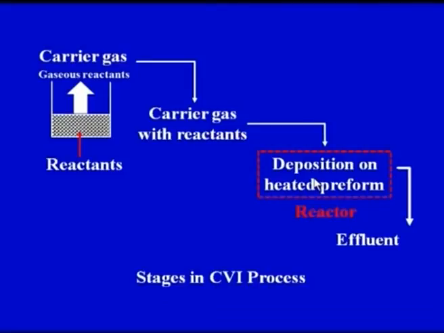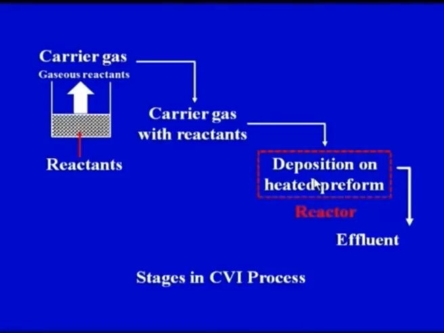So basically what is happening, we have certain solid or liquid reactants, these reactants are undergoing a reaction and they are producing the gaseous reactants, and these gaseous reactants are being carried by the carrier gas, and the carrier gas and the gaseous reactants are passed through a reactor. In this reactor we have already kept our reinforcement.